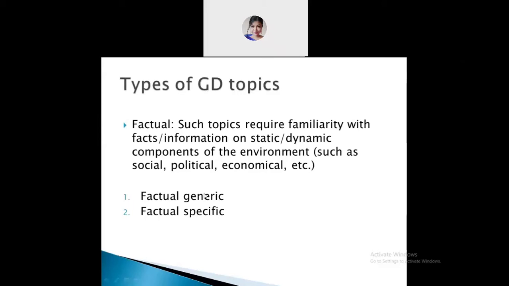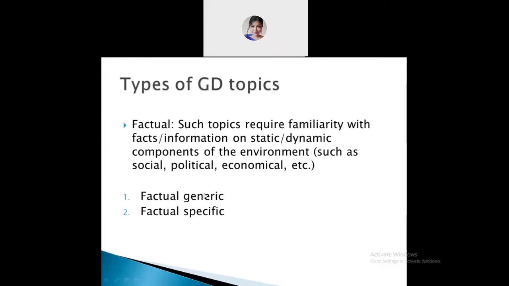Now do not be confused. Just understand what a factual topic is, in order to be able to understand the difference between factual topics and abstract topics. So all the factual topics are related to anything that occurred in the past or is currently taking place.